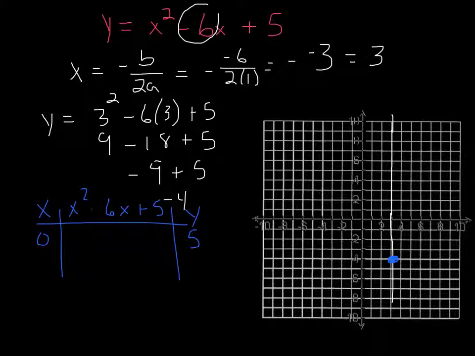When x is 0, y is 5. That goes right there. And when x is 1, we've got 1 minus 6 plus 5. 1 minus 6 is negative 5, plus 5 is 0. So when x is 1, y is 0.